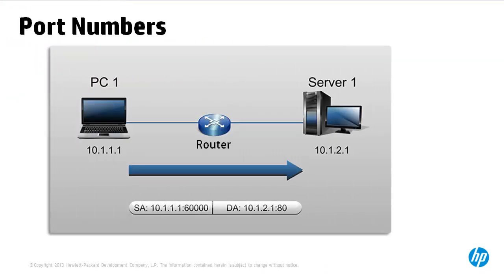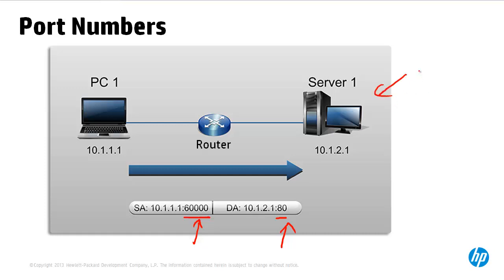When a PC initiates a connection to a server, it's going to use one of the dynamic port numbers. So as an example, it's going to use port 60,000 to connect to a web server with a destination port number of 80. So in the TCP header, you'll see the source port number and the destination port number. The destination port number is a well-known port number. The source port number is a dynamically assigned port number in the dynamic range.